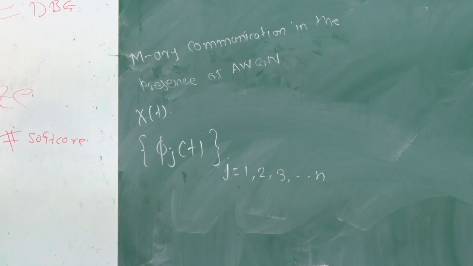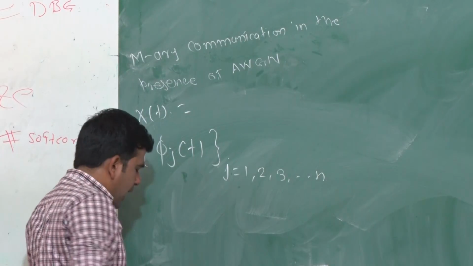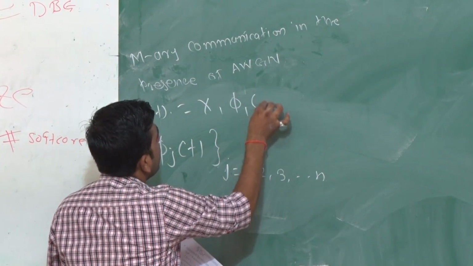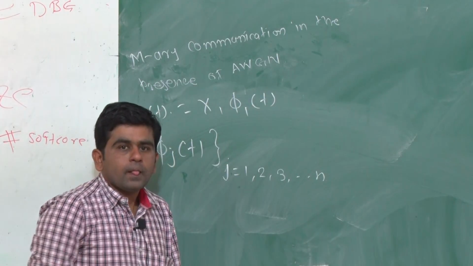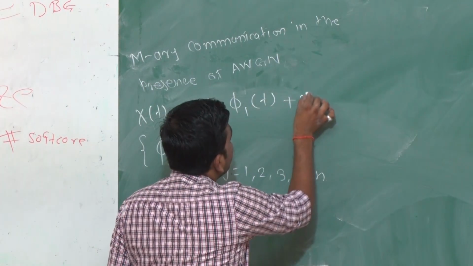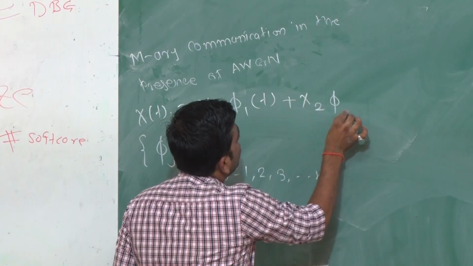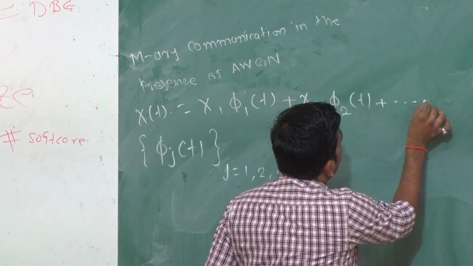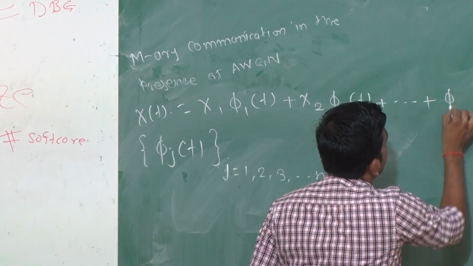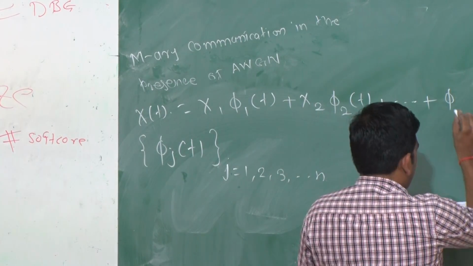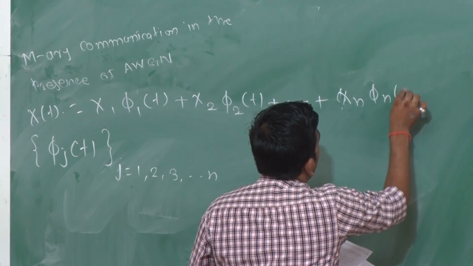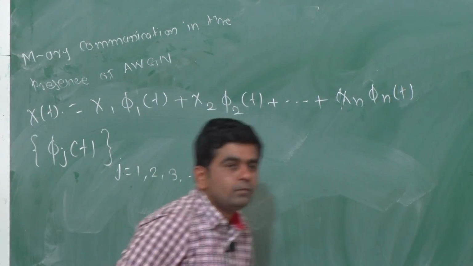So here we can see that X of t is given as x1 into phi 1 of t plus x2 into phi 2 of t plus so on up to xn into phi n of t.